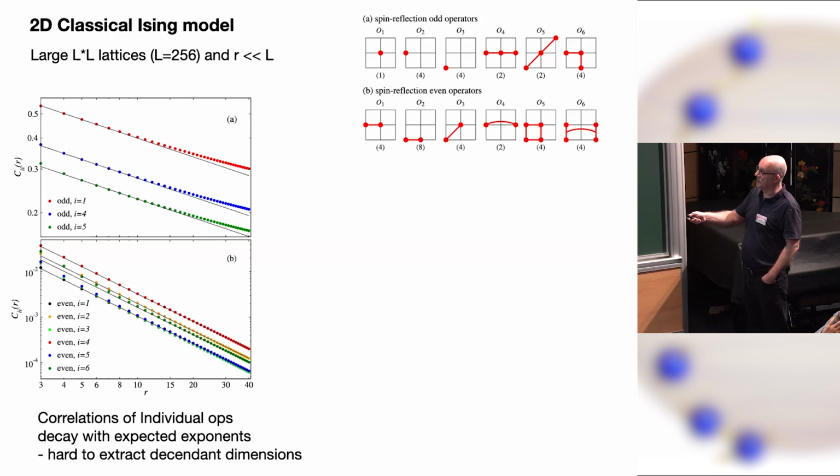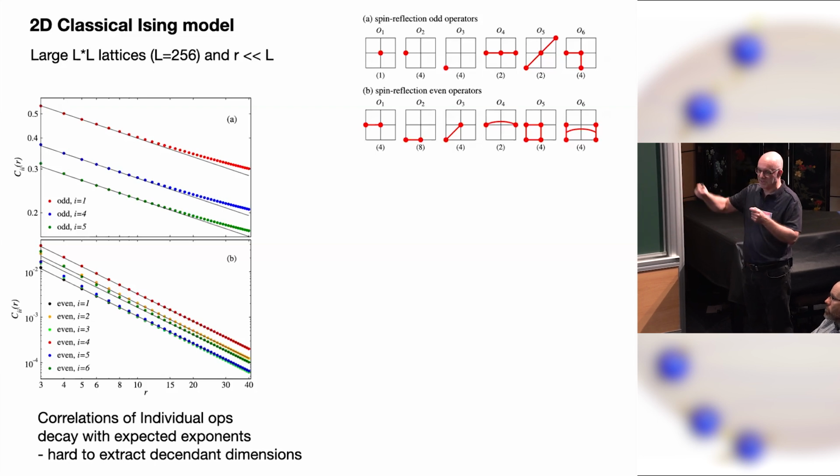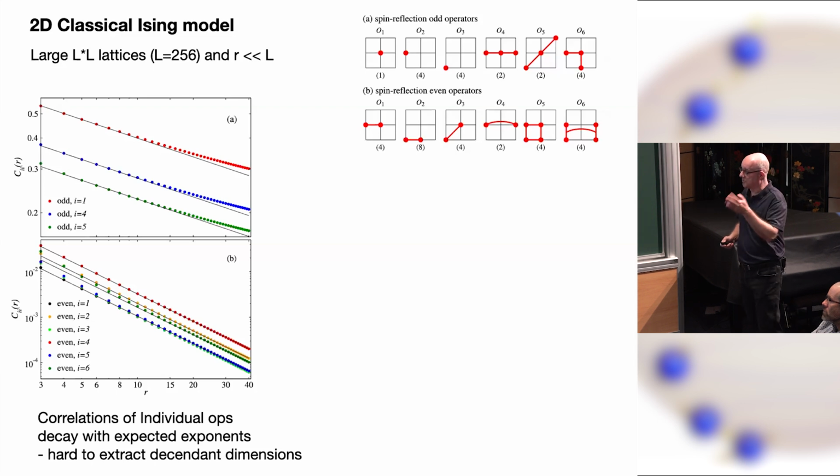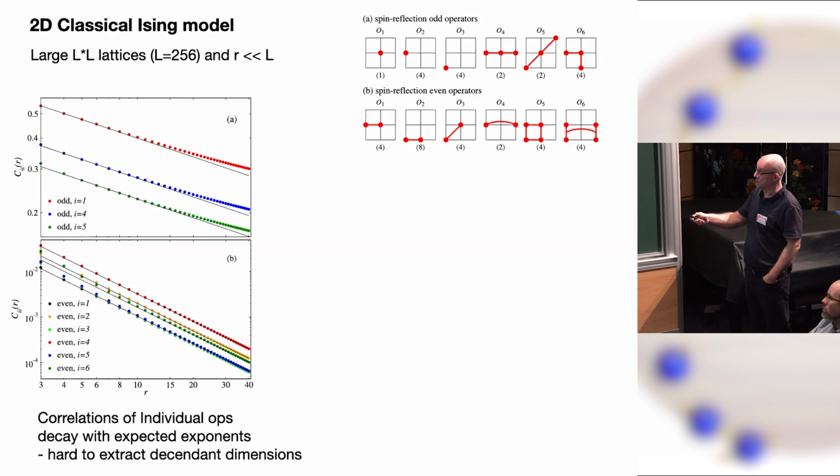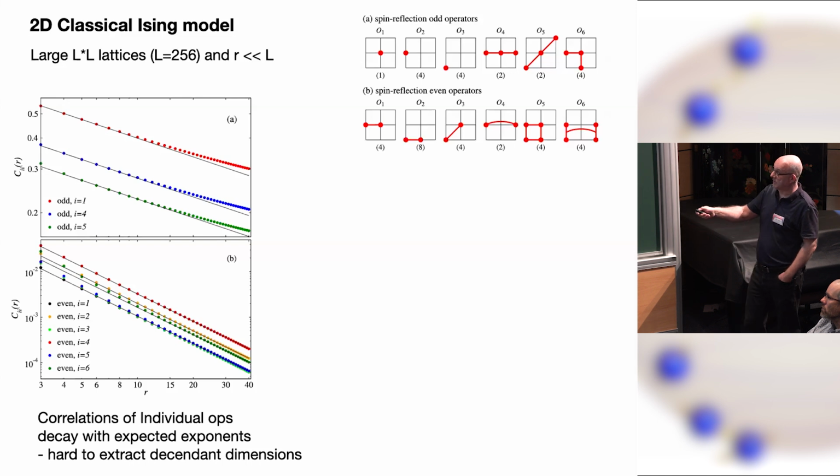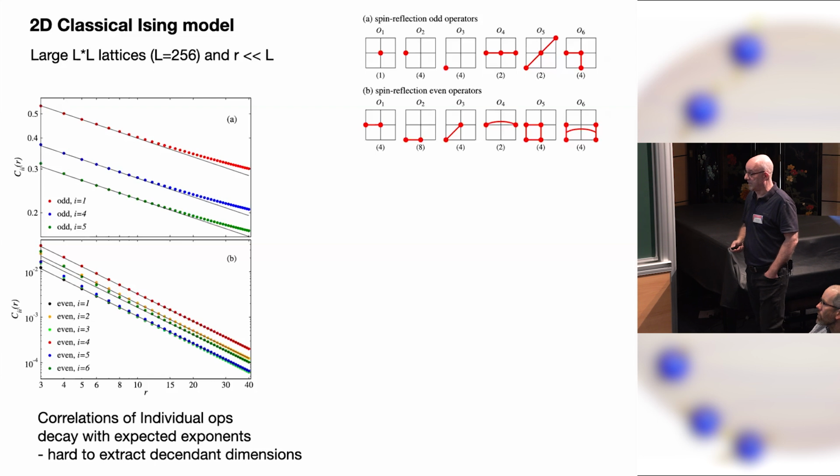Except, in the case of the antisymmetric one, you have strong boundary effects, because even though these distances are pretty small, since the decay is so slow, there's contribution from, let's say, the mirror image of the second operator as well. So you get these well-known enhancements of correlations because of boundary effects. But anyway, before that kicks in, it works pretty well. And in the symmetric case, the decay is faster, so you don't really see a lot of those boundary enhancements.